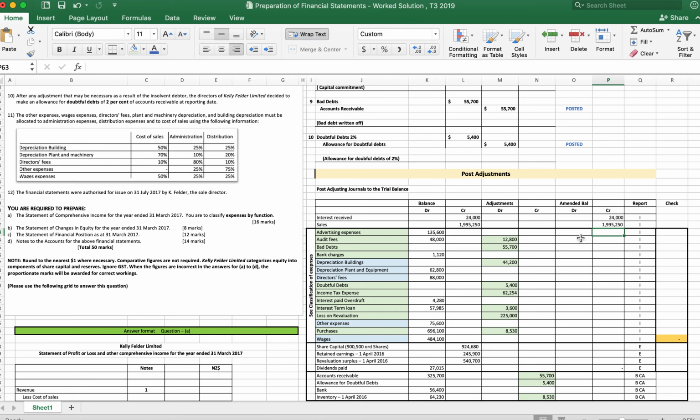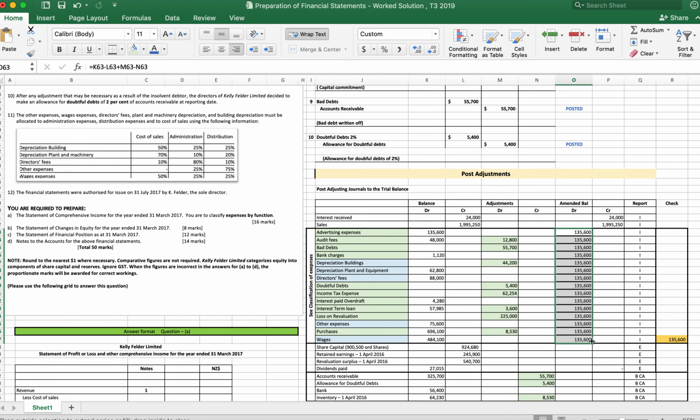The debit balances on this one will be that minus that plus that minus anything there, which makes sense. So if I just copy that down, it should give me those balances.